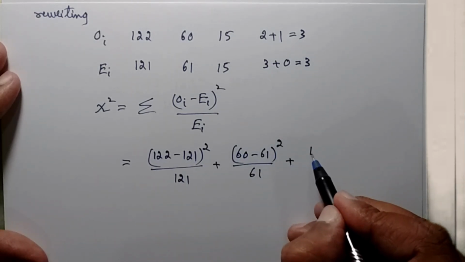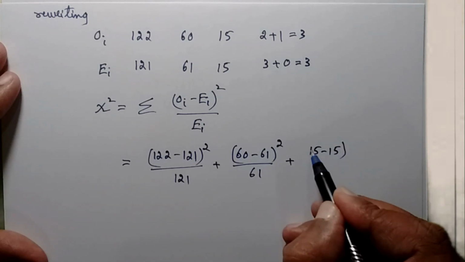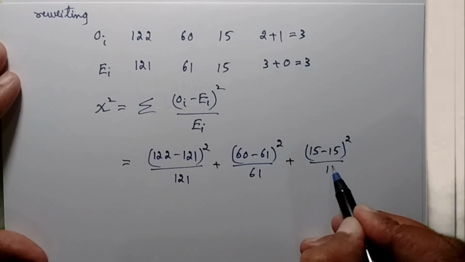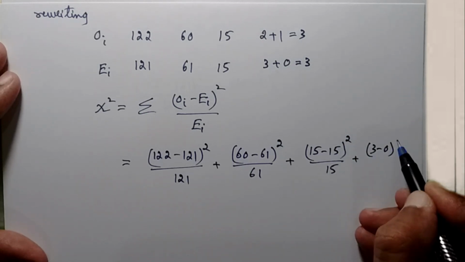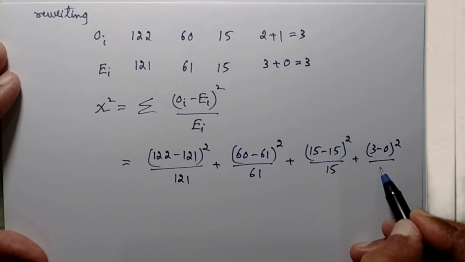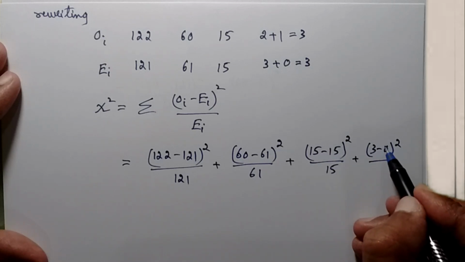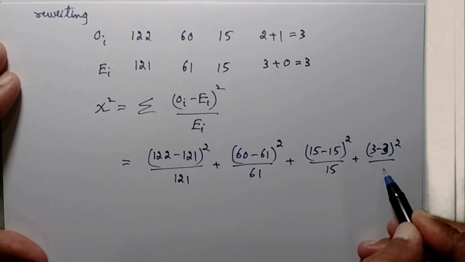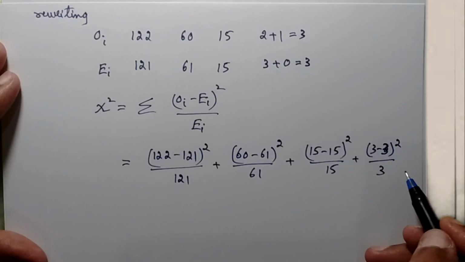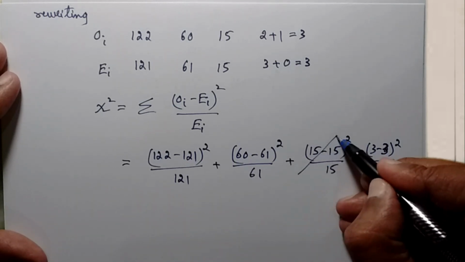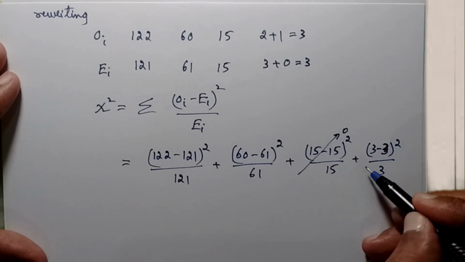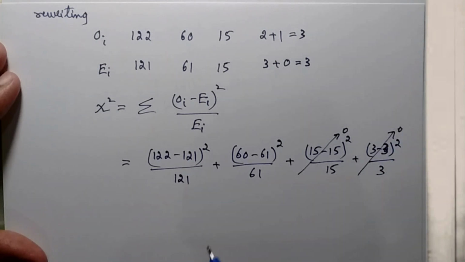Next, 15 minus 15 whole square divided by 15. The next value is 3 minus 3 whole square divided by 3. You can see that 15 minus 15 is 0, so this value becomes 0. 3 minus 3 is 0, so this value will also become 0.